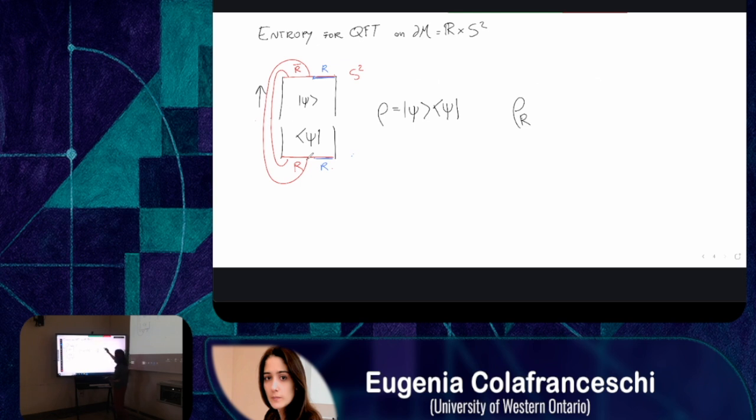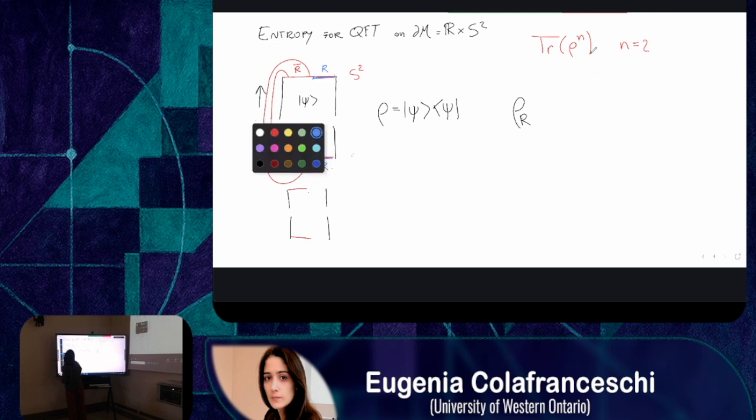But what I wanted to compute is actually the trace of rho to some exponent n. So let's take n equal to 2. So we need another copy of this picture. I have, again, the complement.